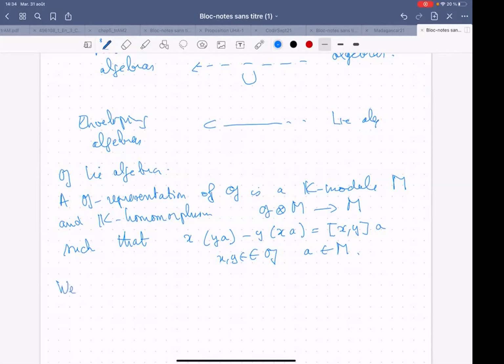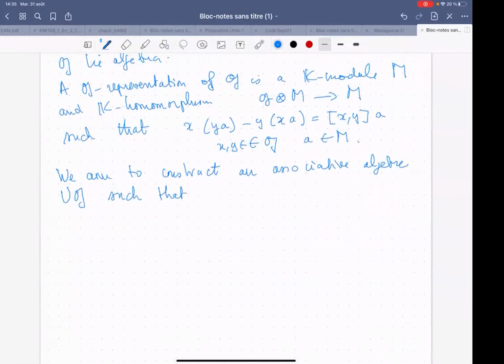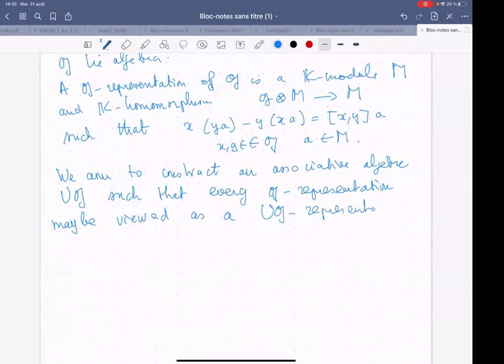Okay. We aim to construct an associative algebra U(g), we denote it by U(g), such that every g representation may be viewed as a U(g) representation.